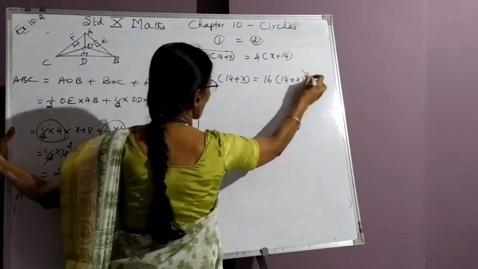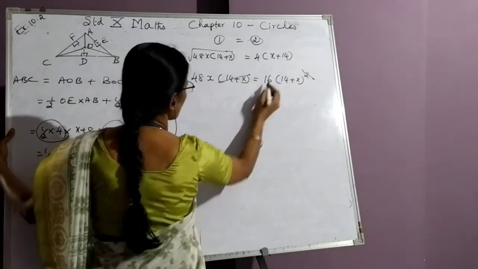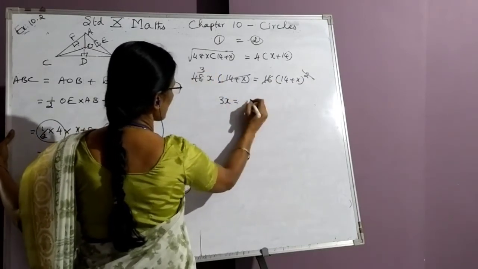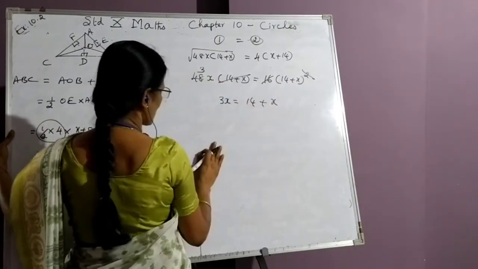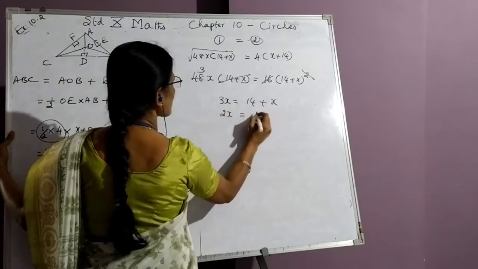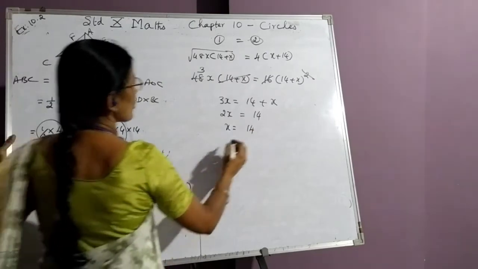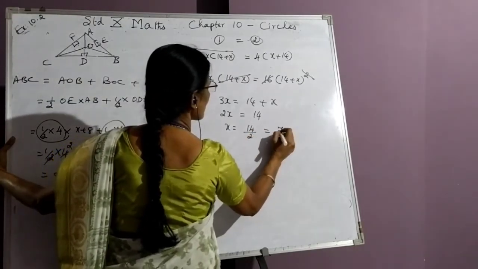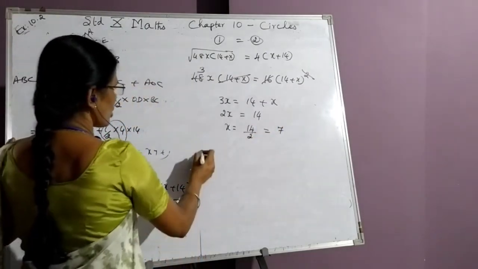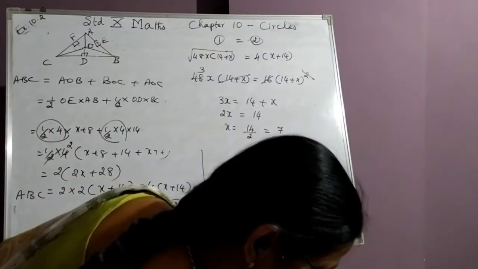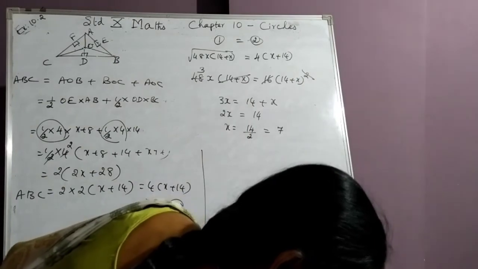You can see one factor is getting cancelled here, and 16 also gets cancelled 3 times. So 3x is equal to 14 plus x. Therefore 2x is equal to 14. x is equal to 14 divided by 2, which is equal to 7. We got the value of x. We are asked to find out the value of AB and AC.